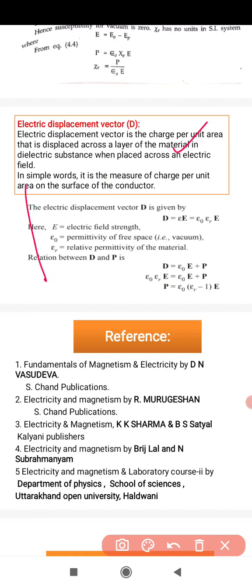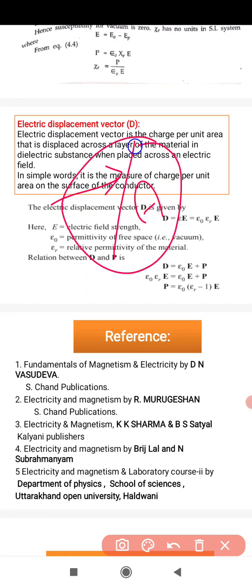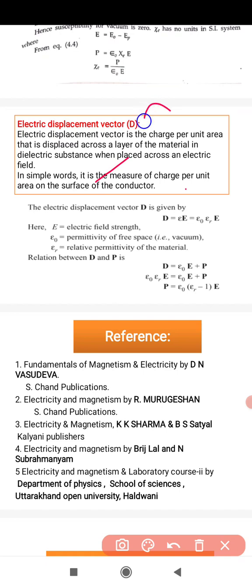It means a dielectric material is placed in between the parallel plates. The number of charges per unit area, we call the electrical displacement vector. In simple words, it is the measured charge per unit area on the surface of the conductor.